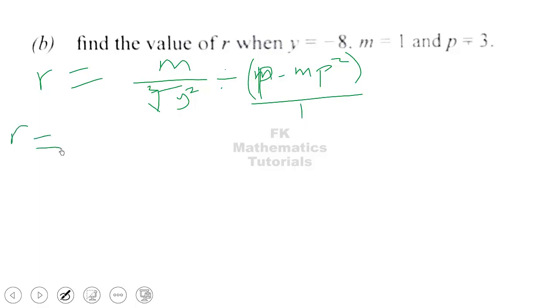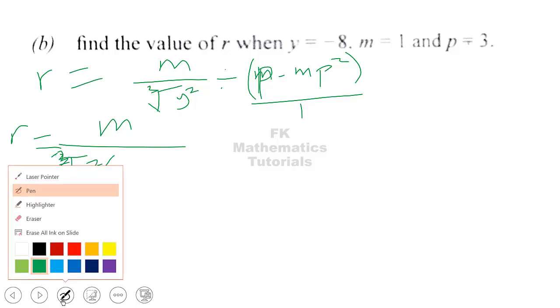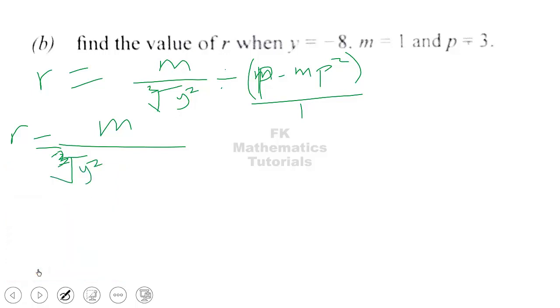So R will now be equal to M all over the cube root of y squared into bracket the cube root of y squared. I'm factoring the P out so that it will look nice. So P into bracket 1 minus MP. So that will be the R, the subject.